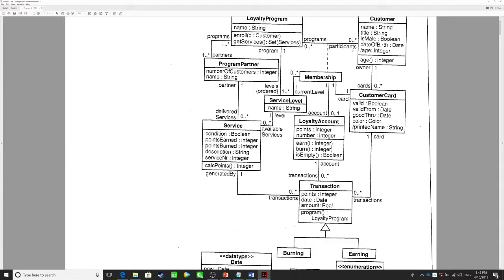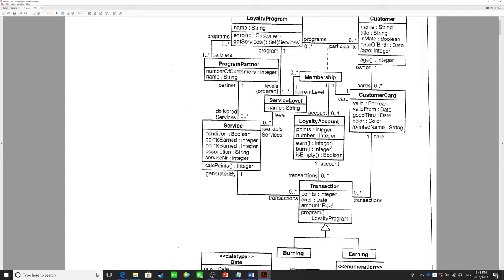That's all up to the partner. We also have another class here, the loyalty account, which manages those points information.